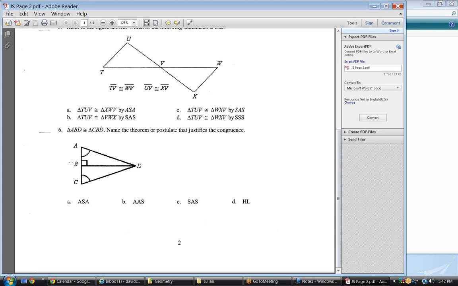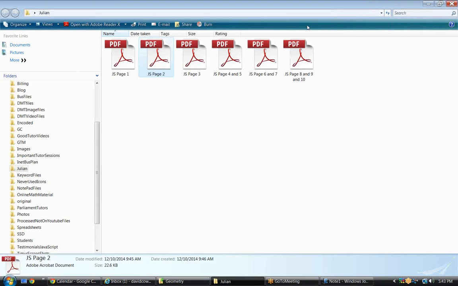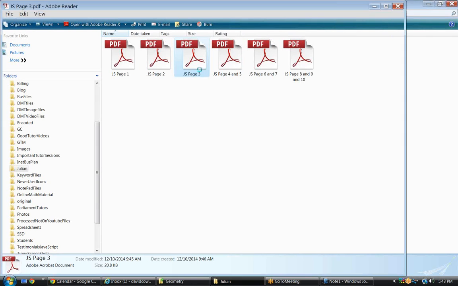You can't assume that AB is equal to BC. And they also didn't tell us that AD was equal to CD, even though it is. But they didn't tell us that, so we can't use that information.